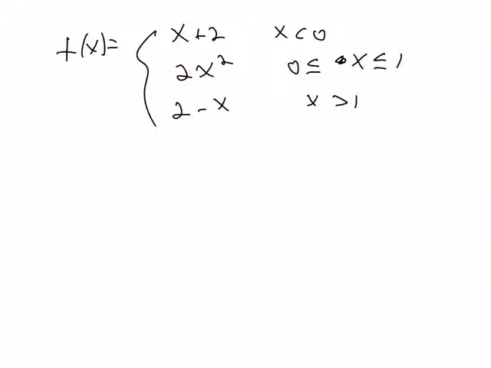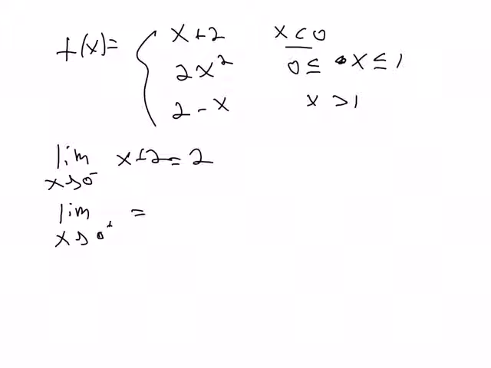Okay, so now let's again look at the limit as x approaches 0 from the left. From the left, x is smaller than 0. So this is for x plus 2, and this is going to be 2. And then the limit as x approaches 0 from the right is going to be, this is for 2x squared, because now x is greater than 0.